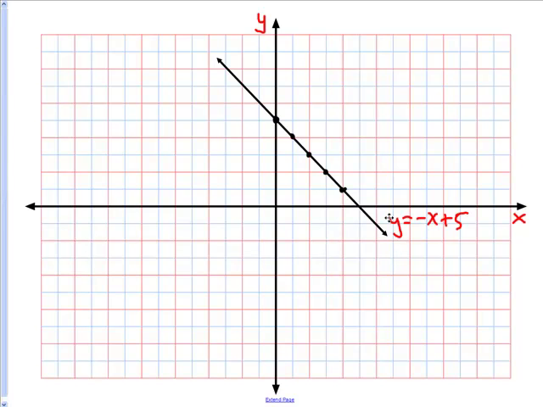And we also had our equation y equals x minus 3. So our y-intercept is at negative 3 on the y-axis. And it has a slope of positive 1, so I'm going to go up 1 and right 1, up 1 and right 1, up 1 and right 1, up 1 and right 1. There we go. And I will connect those points with a line.